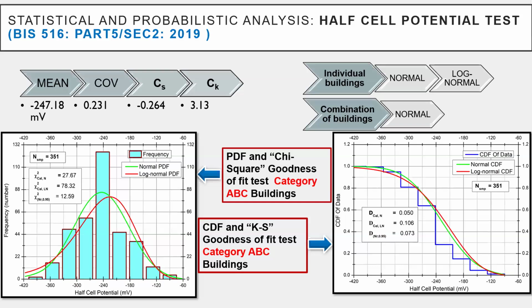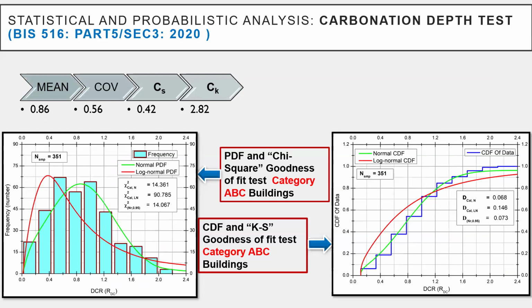For the carbonation depth test, we have found the mean value of RDC, which means the depth of carbonation divided by the clear cover to the reinforcement. The mean value was 0.86.